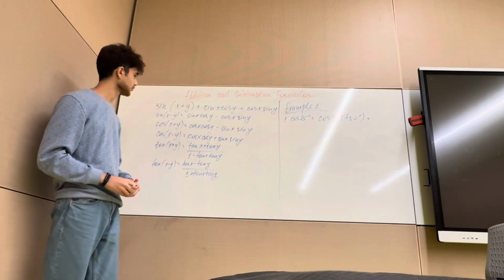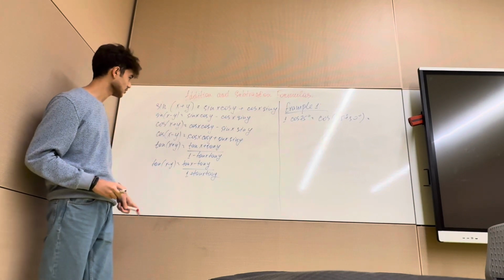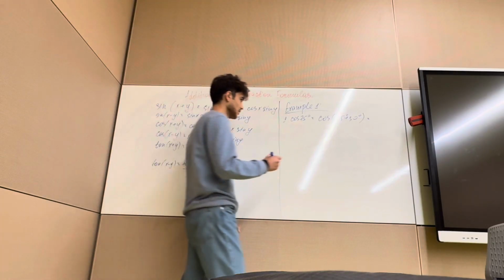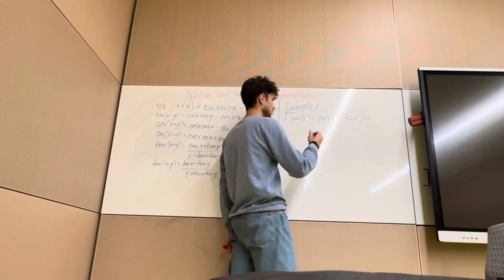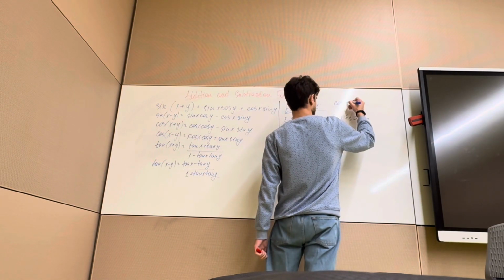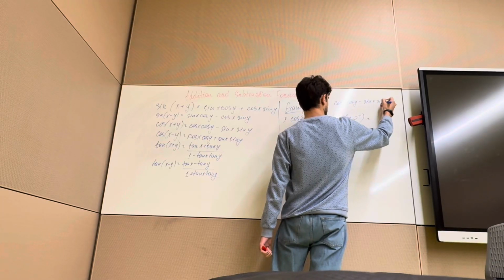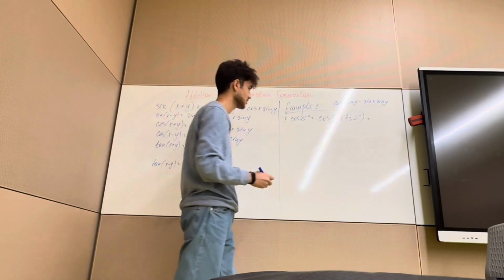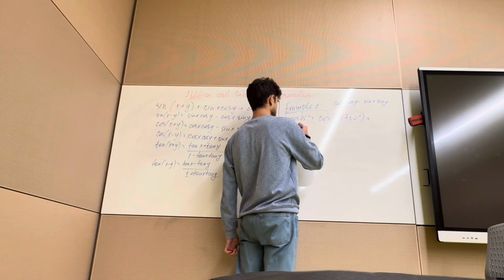By looking at the formula cosine x plus y, we can write it very easily. As you all know, the formula for cosine is, and by seeing this formula we can easily represent cosine of 45 plus 30.